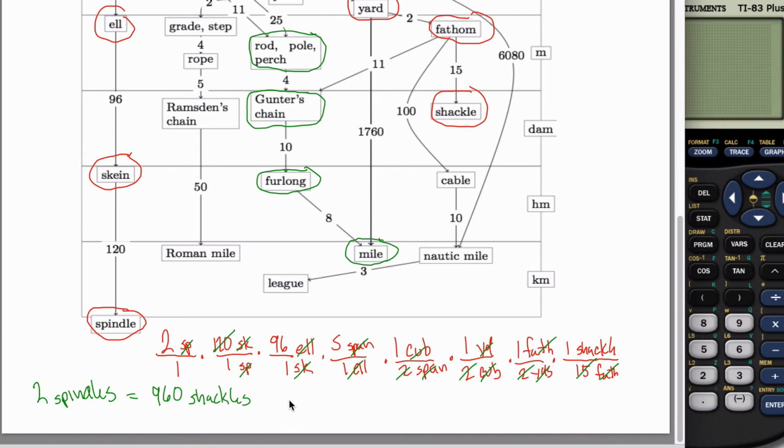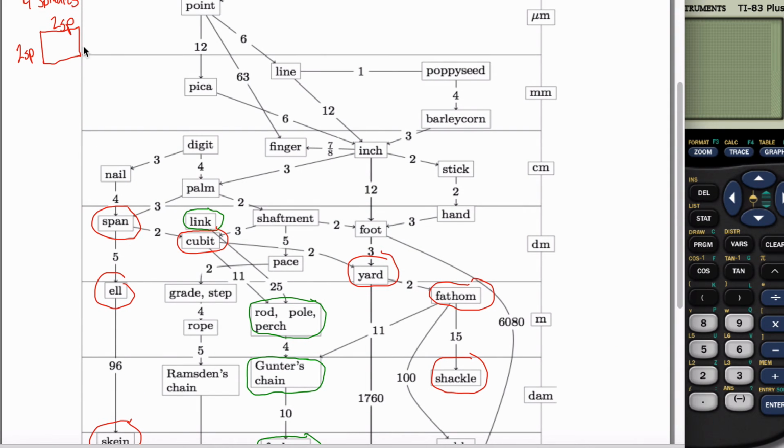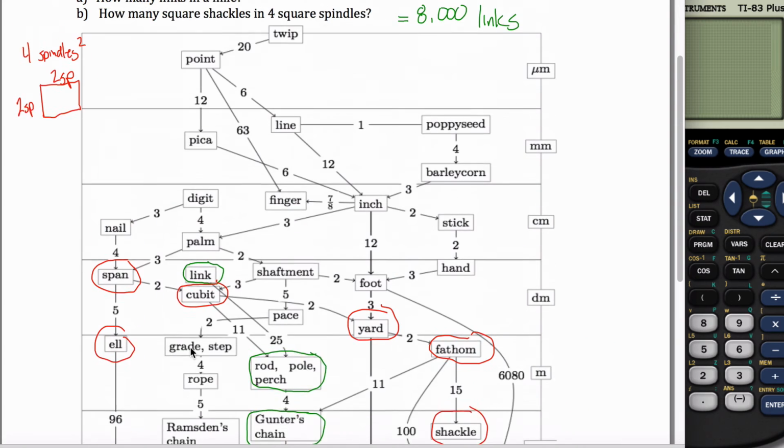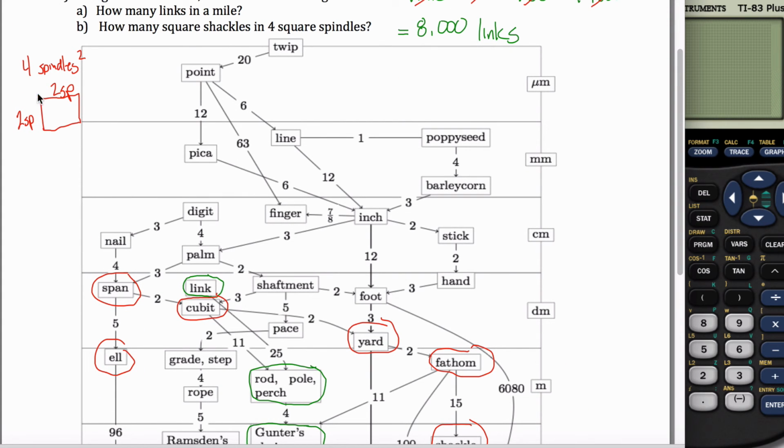And we're done? No, because that's not what the question asked. It asked you for square spindles, how many square shekels. Well, the way I thought about it, 4 square spindles was a square that was 2 spindles by 2 spindles. But if this length is 2 spindles, and I know that 2 spindles is the same as 960 shekels, then really this length right here is 960 shekels.